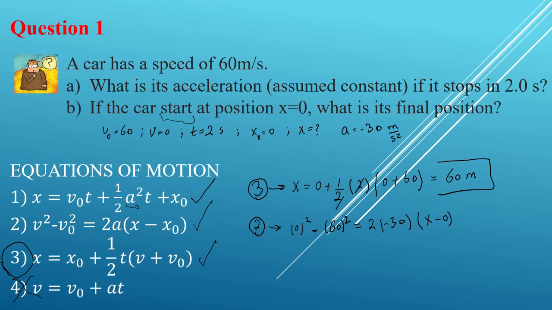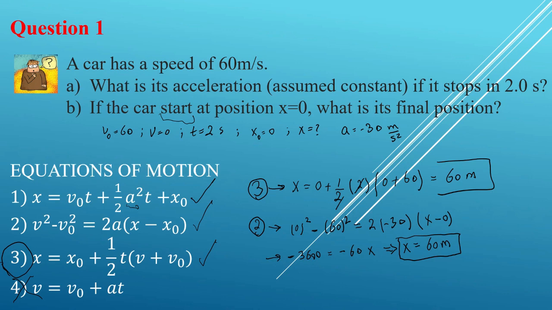Is that right? So if I solve it, it's going to be 3600 equals 60x, correct? And then my final answer is going to be 60 meters. So I end up with the right answer, right?